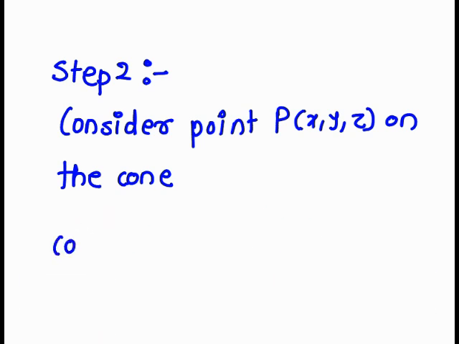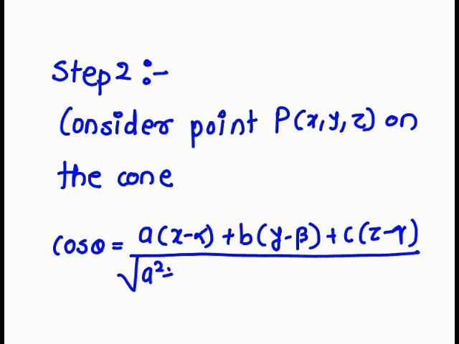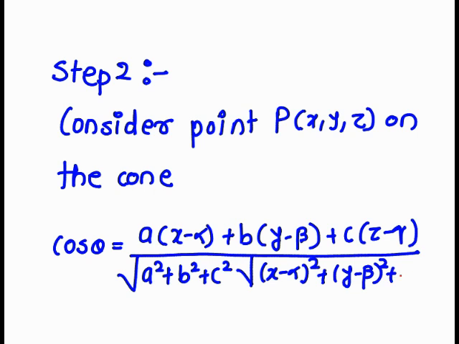Then cos theta is equal to A(x - alpha) + B(y - beta) + C(z - gamma), divided by the square root of A square plus B square plus C square, into the square root of (x - alpha) square plus (y - beta) square plus (z - gamma) square.